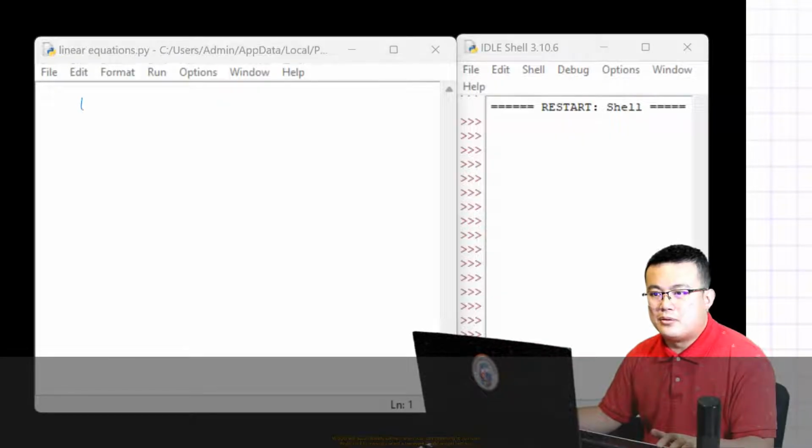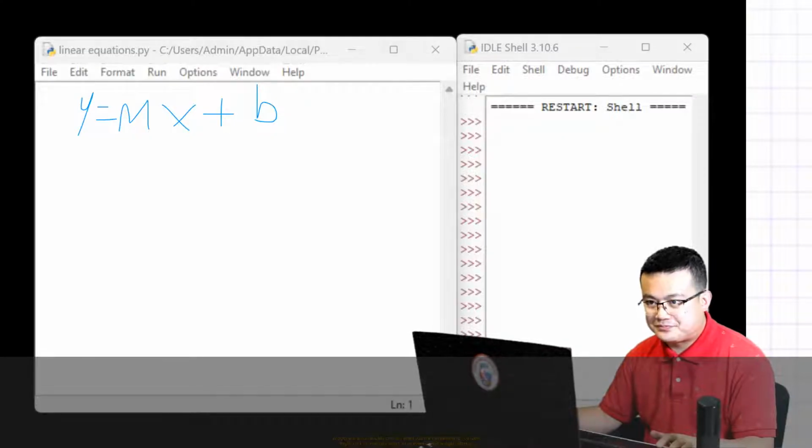So remember, y equals mx plus b. Some people have already posted in the chat, which is great. y equals mx plus b, where y is a function of x, m is the gradient, and b is the y-intercept.